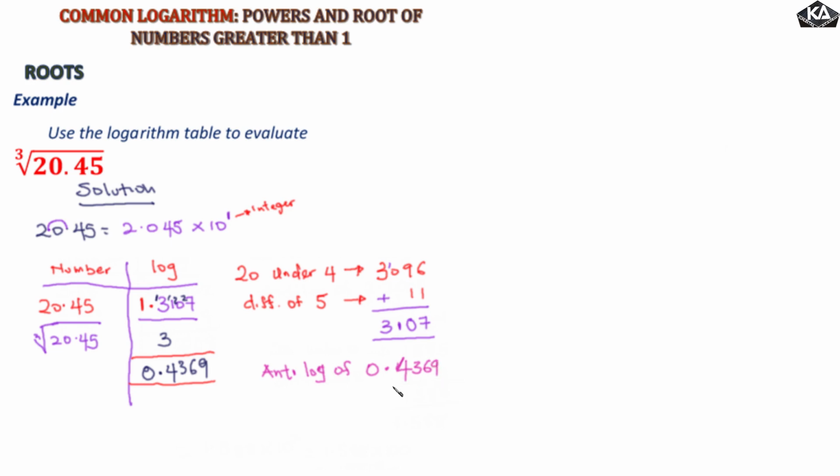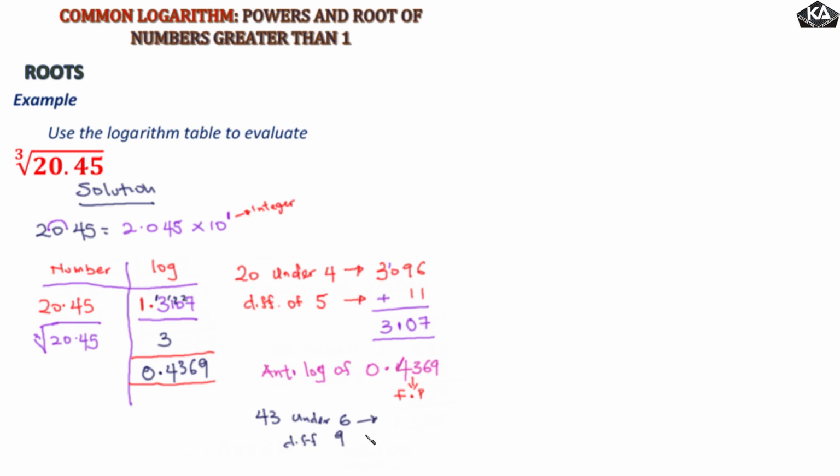I told us that for antilog you only use the fractional part, FP, fractional part. Then the integer will come in after getting your value from the antilogarithm table. Now let's bring out the fractional part. How are we going to get the antilog? We are going to look for 43 on the antilogarithm table under 6, difference of 9.